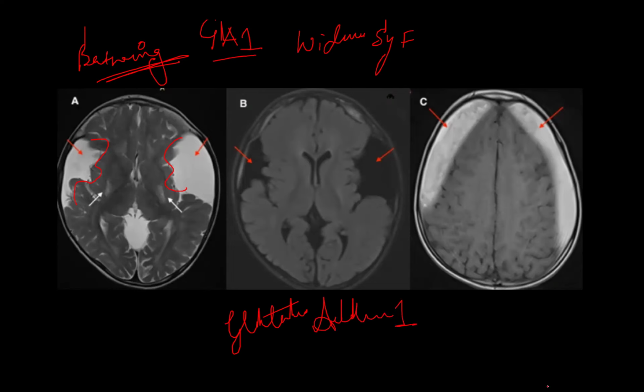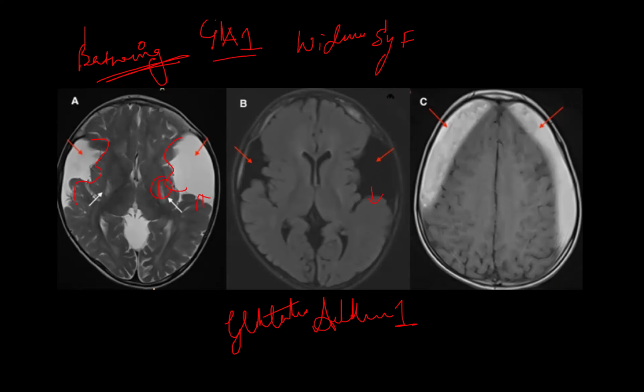Okay. And one more thing, here we can see that on FLAIR it is suppressed. On T2, it is hyperintense. And now you can tell how to rule it out from other conditions. It will also involve basal ganglia hyperintensity.